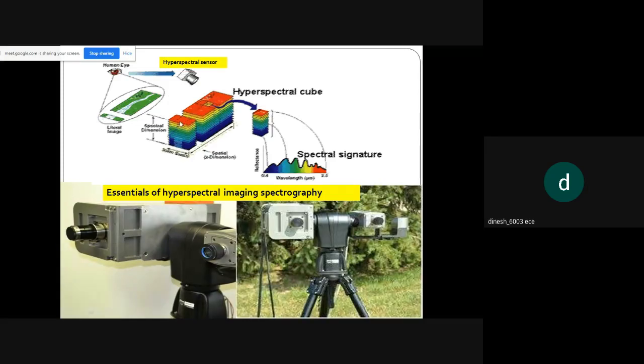The spectral dimension in those bands is being converted into a hyperspectral cube in the dimension of two dimensions, which is being convolved on a spectral signature varying from 0.4 to 2.5 micrometer wavelength. So this is the device, how it looks, a pictorial representation of that.